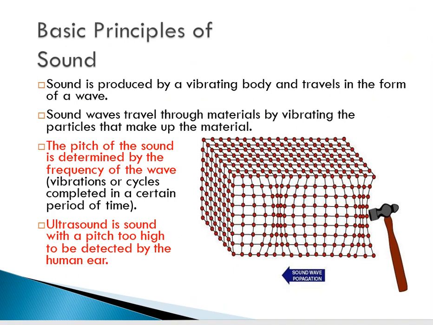Here in the diagram, some force is applied on the material by a hammer. The pitch of the sound is determined by the frequency of the wave. Ultrasound is a sound with a pitch too high to be detected by the human ear.